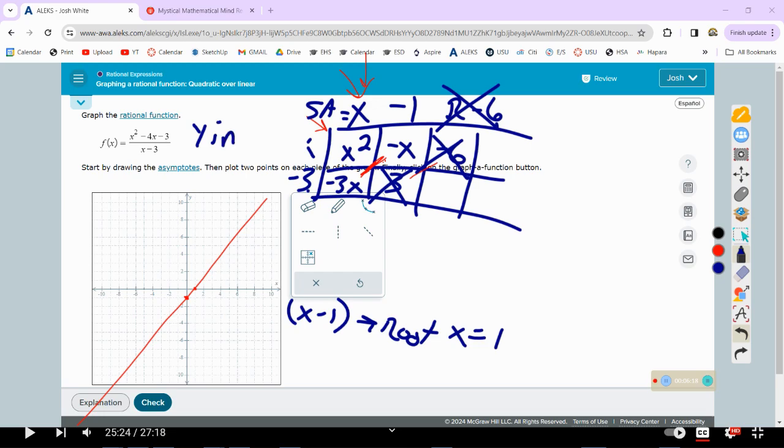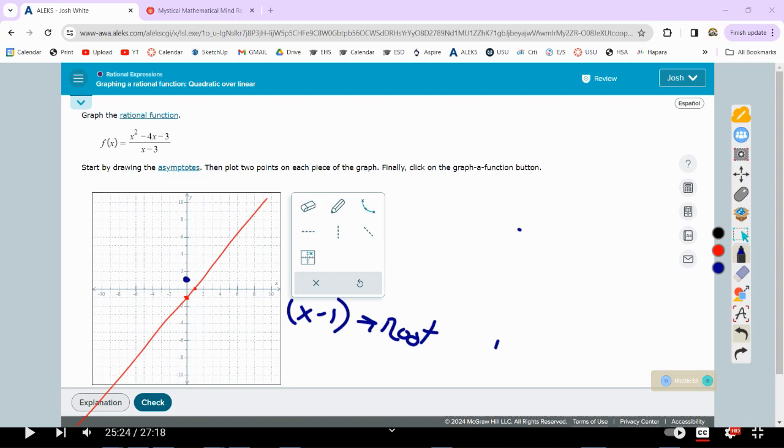We have a y-intercept at 1. Okay? So we need to plot 2 points on each piece of the graph. My guess is, dealing with the asymptote, we need 2 above and 2 below.